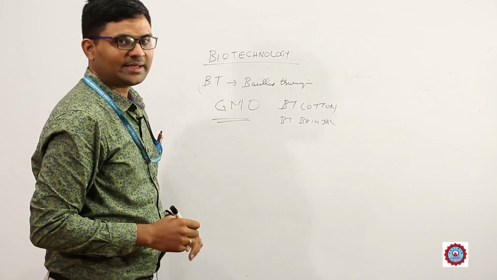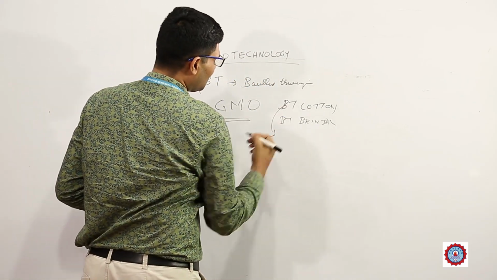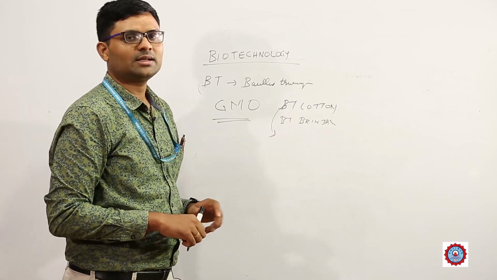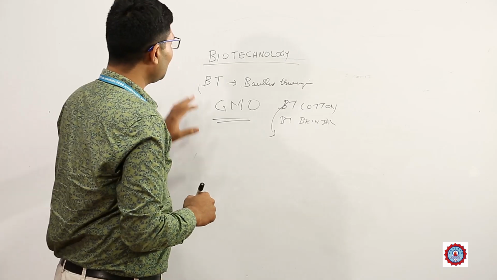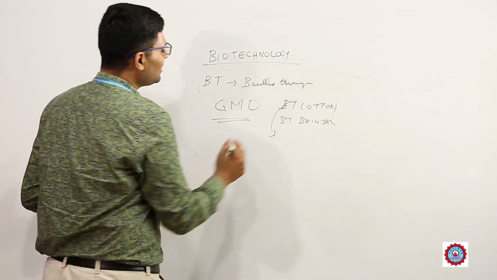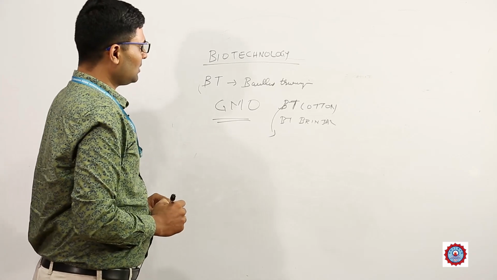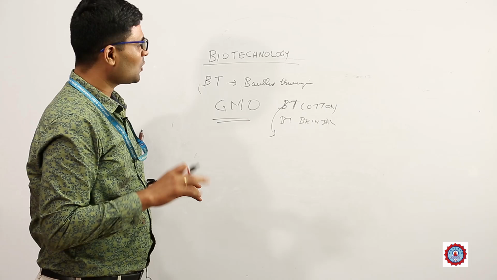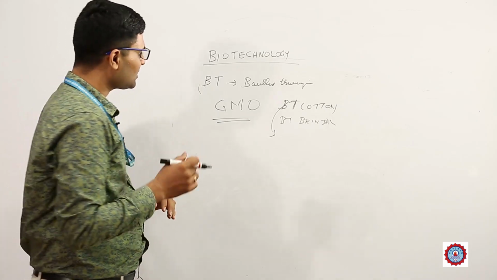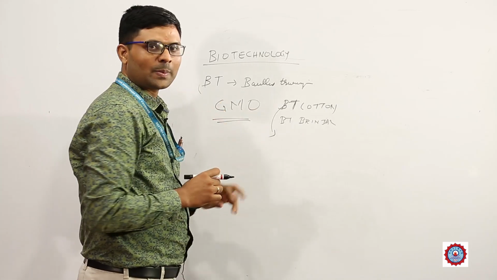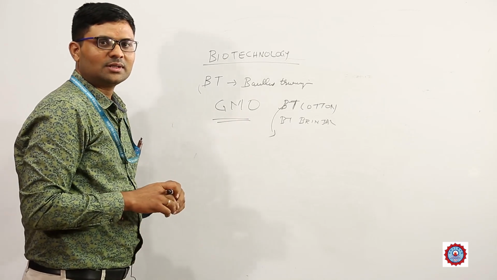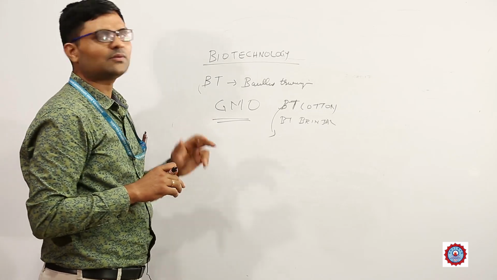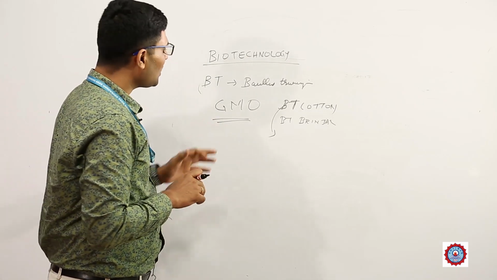If you take the case of Bt cotton, this bacteria is inserted into the plant. When the bacteria is inserted into the cotton plant, the whole plant has this bacteria. So when a pest or any insect tries to digest these leaves, the moment it starts digesting the leaf, it dies.